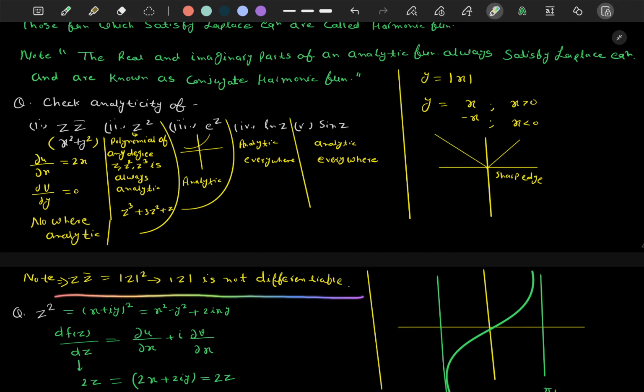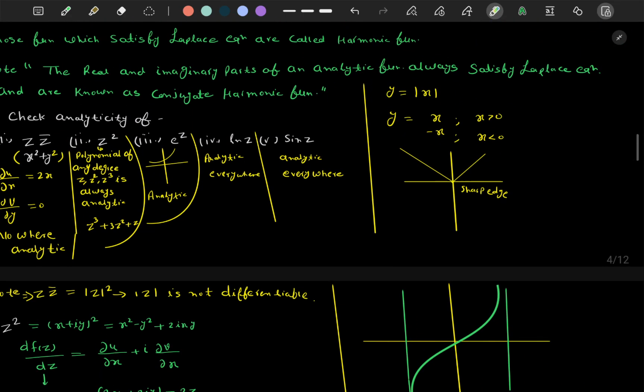Next, z square is simply a polynomial, and a polynomial of any degree will always be an analytic function. e to the power z is single valued, continuous, and analytic, differentiable also, because there is no sudden change. Log z is also analytic, and sin z is also analytic everywhere.